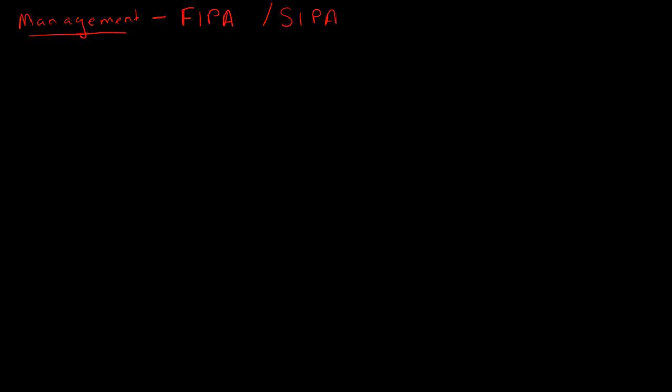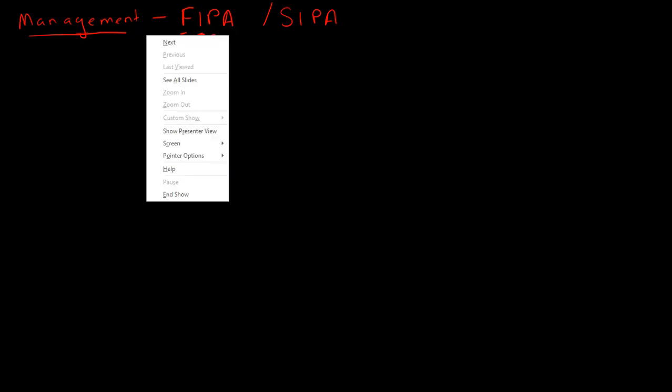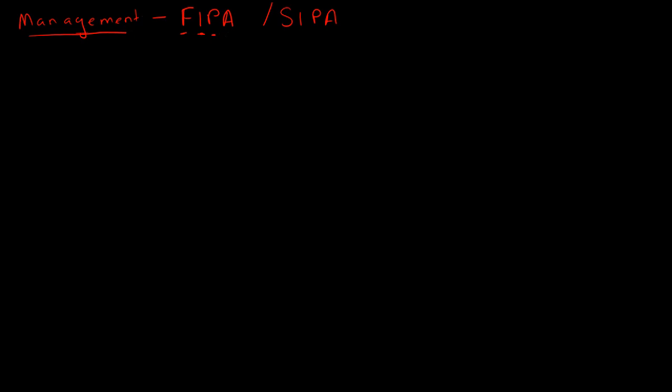The F stands for fluids, the I for insulin, the P for potassium, the A for antibiotics, and the S for solutions, the I for insulin, the P for potassium, the A for antibiotics.